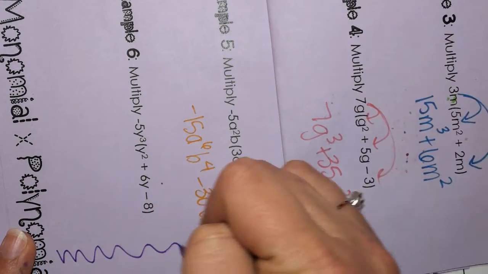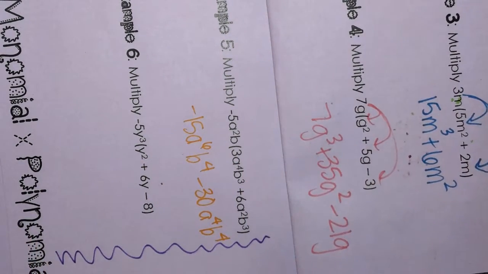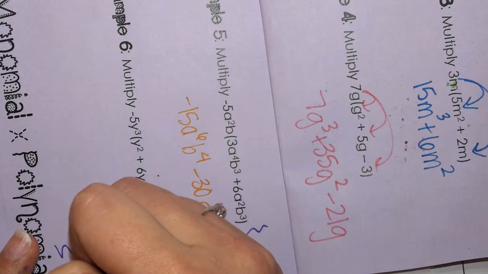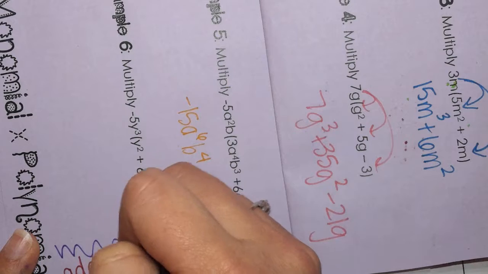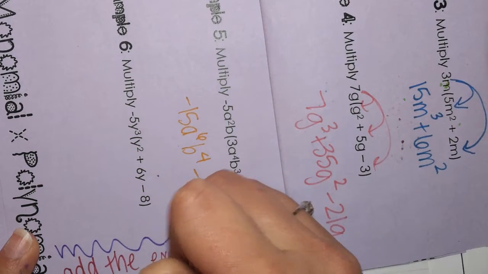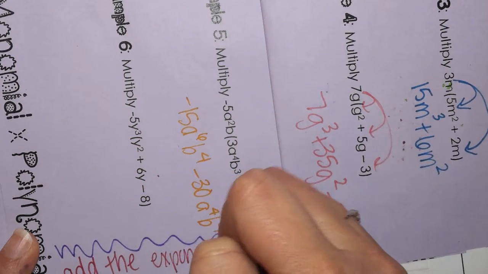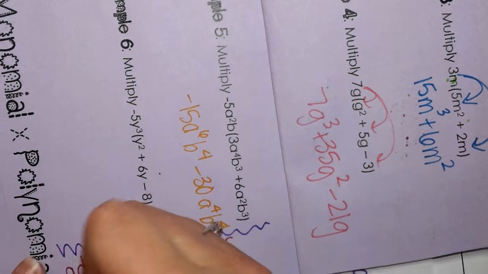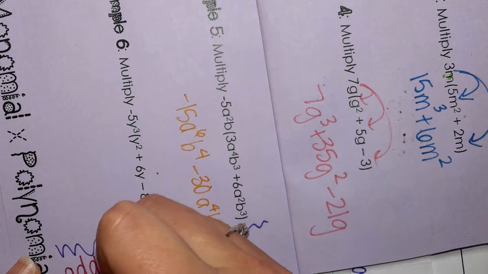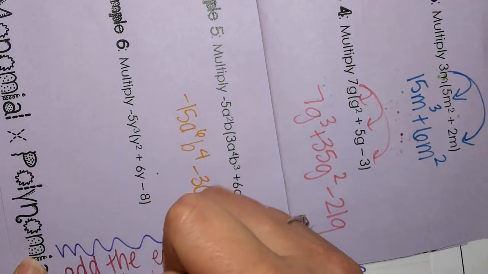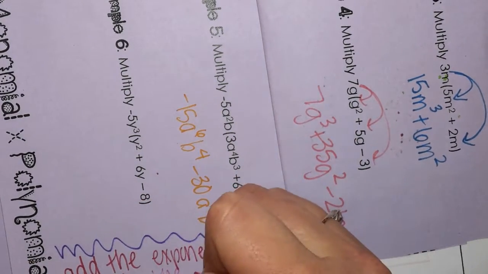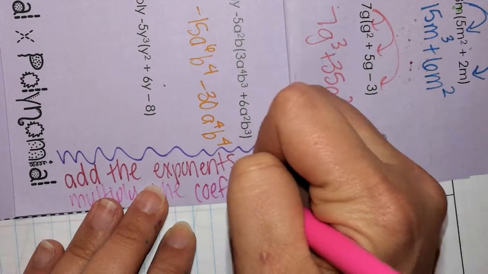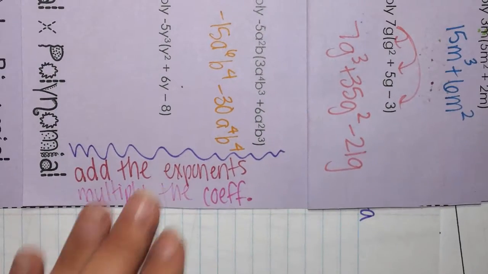Add the exponents. What do you do with the coefficients? Multiply. Fantastic. We're doing it over and over again, because don't you think it's important? Definitely. Multiply the coefficients.